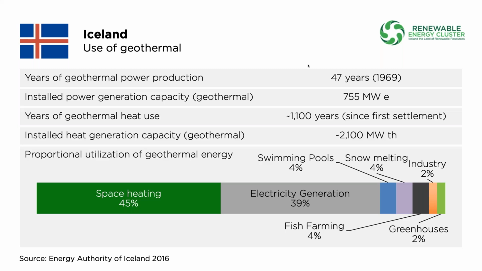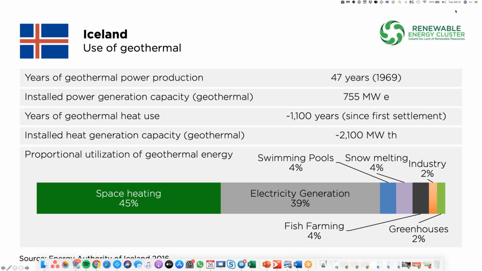And if you look at how we are using geothermal energy, we see that electricity generation represents only about 39% of the overall use of geothermal. The rest is utilizing geothermal heat directly. And of that, space heating is the predominant part.